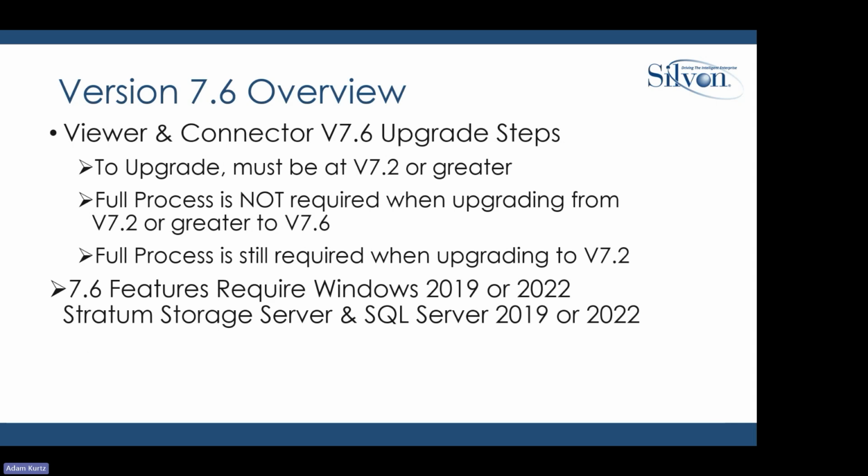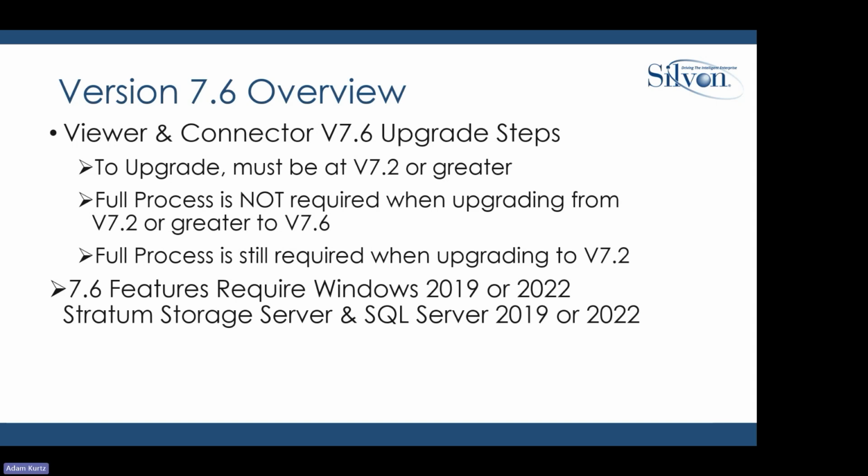Here are some upgrading path options. For 7.6, to upgrade you have to be at least at version 7.2. A full process is not required when you're upgrading from 7.2 or greater. A full process is still required when you're upgrading from a version prior to 7.2, so you'll have to go to 7.2 first, run a full process, and then upgrade to 7.6.